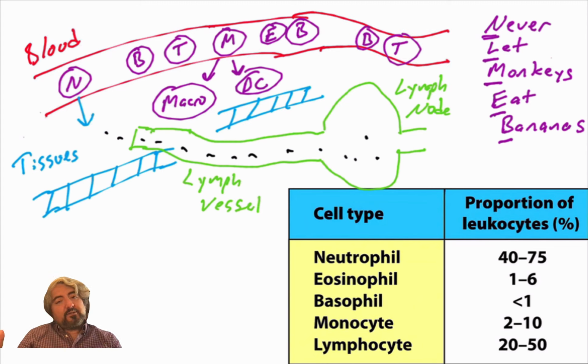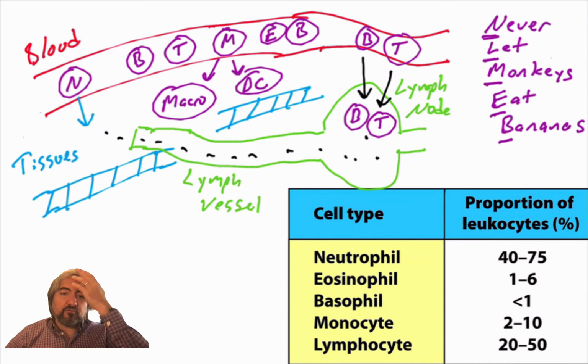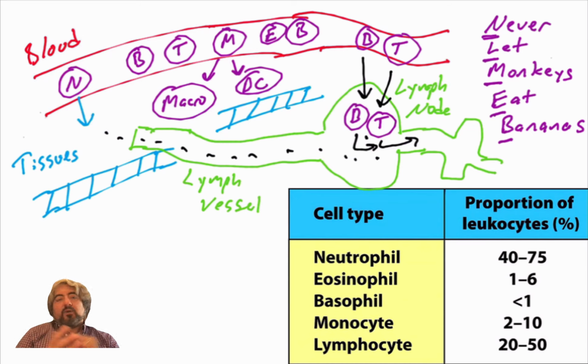How do they get there? They use the circulatory system to transport and then move from the blood into the lymphatic system, specifically going right into the lymph nodes. So B lymphocytes and T lymphocytes, we often find them in lymph nodes. Where do they go from there?